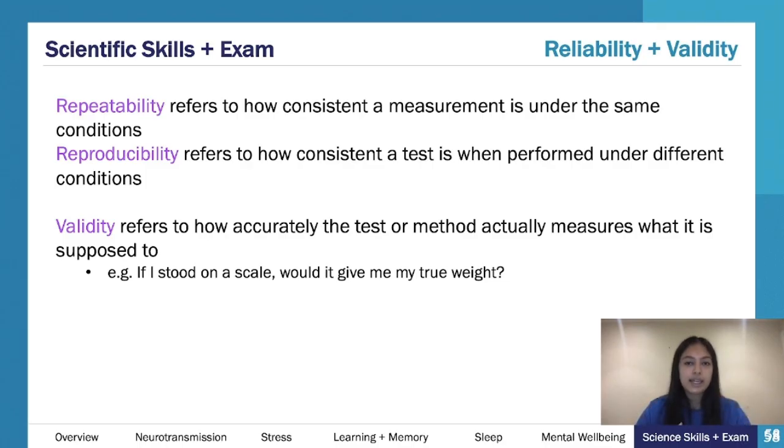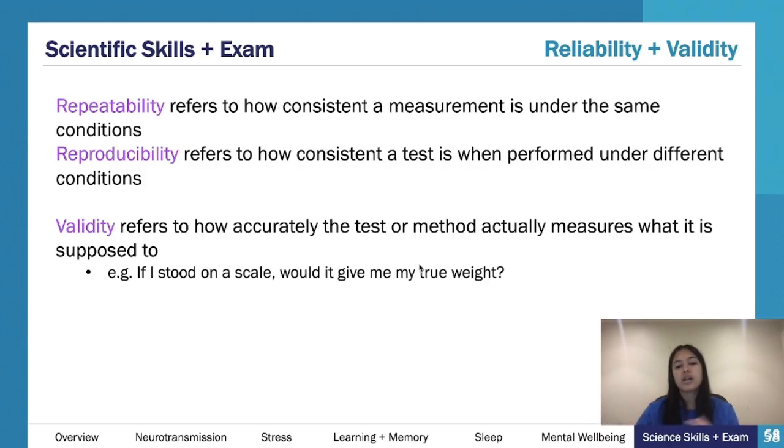And your validity, that refers to basically how robust your experiment is. So what that means is kind of, did you actually figure out the relationship between the IV and the DV? Did you figure out what you wanted to figure out? So you can refer to kind of equipment like this is an example of that.